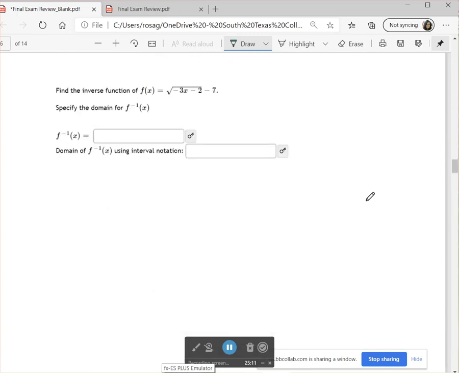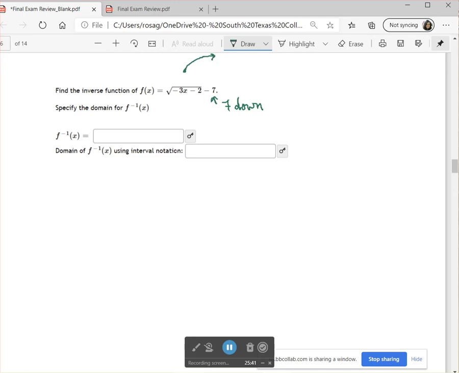This one is about the inverse. It says to find the inverse and to find the domain of the inverse. The domain of the inverse is actually going to be the range of this one. Remember that the graph of the square root function looks like that, and what this minus 7 does is move it 7 down. So I'm using the properties of transformation of functions.